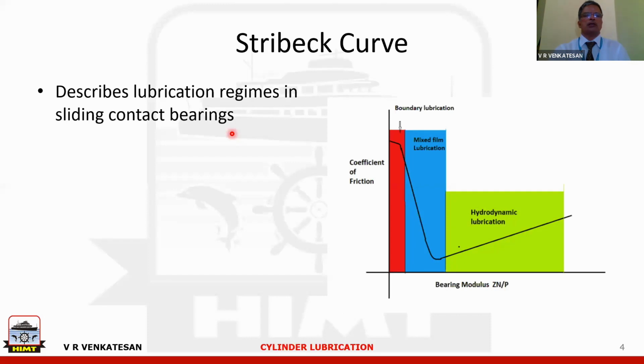Whereas in a sleeve bearing, or even in the case of cylinder and piston ring, the liner piston ring movement, the lubrication is coming under this category called sliding contact. So wherever you have sliding contact type of movement, this curve is applicable.